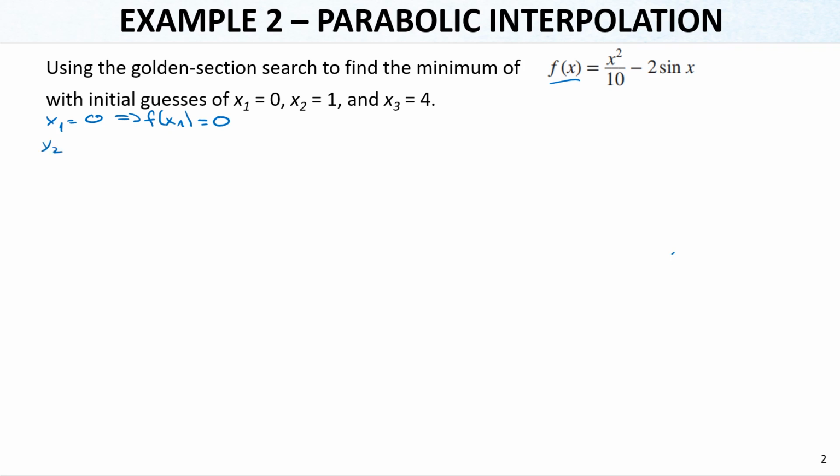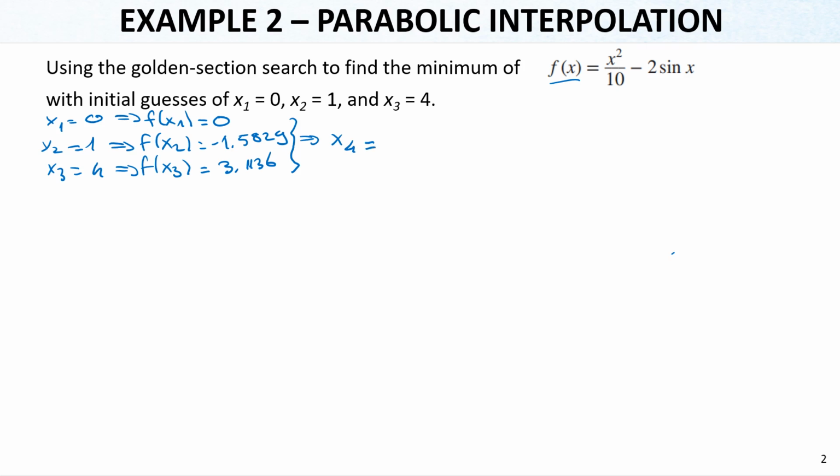Again, for x2 equals 1, f(x2) is minus 1.5829, and x3 is 4, then f(x3) is equivalent to 3.1136. So with these, we will use the parabolic interpolation.